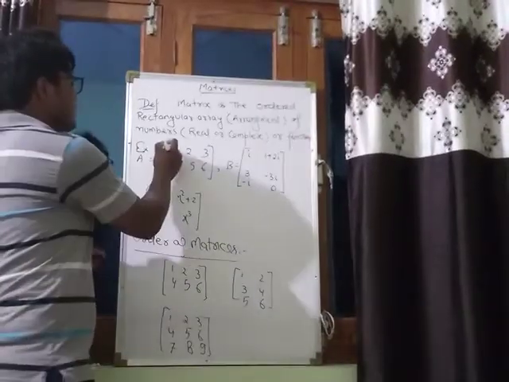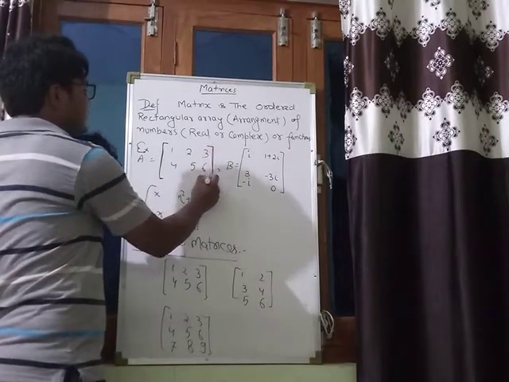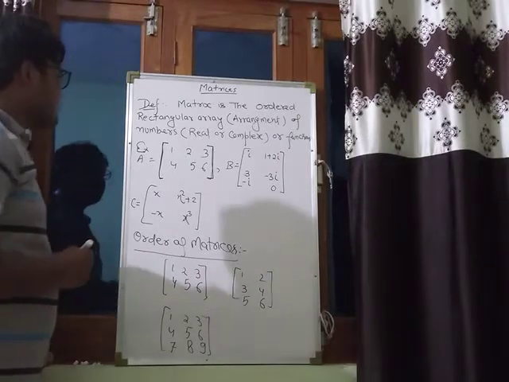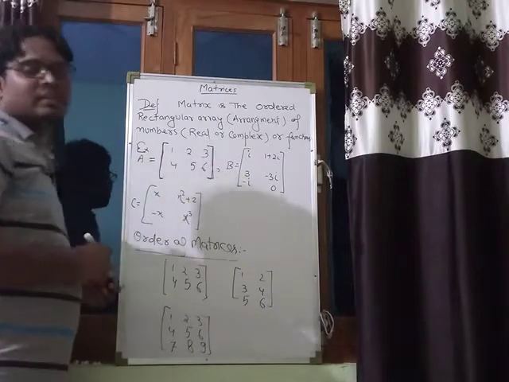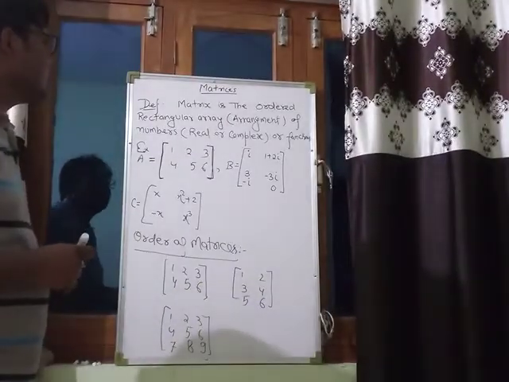It will be kept in such a type of bracket. And a matrix is always represented by a capital letter of the English alphabet, A, B, C, like this.